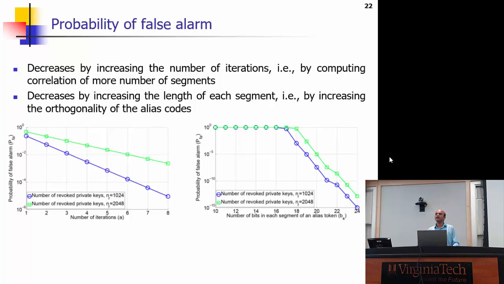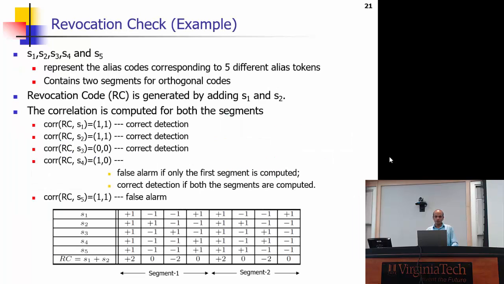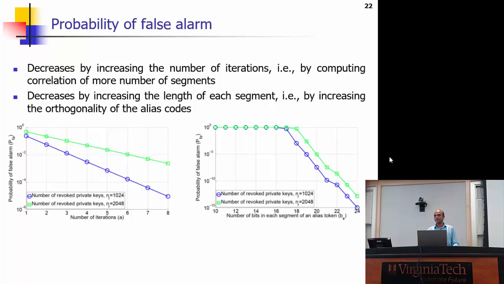If I go back here, you see that for S3, if you check the first segment only, you can get a 0, and you can directly conclude that S3 is not revoked. So you do not need to go on for all the segments to compute the final answer. You can make that conclusion much before it.